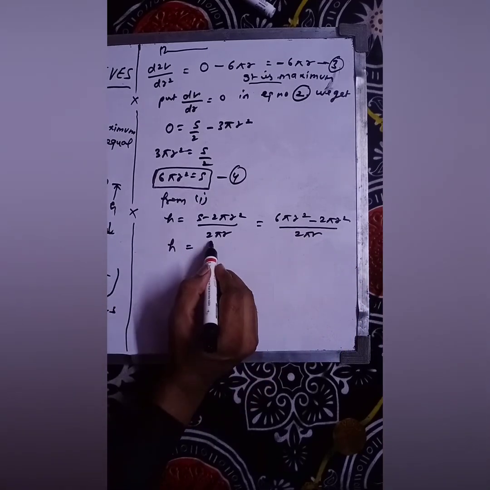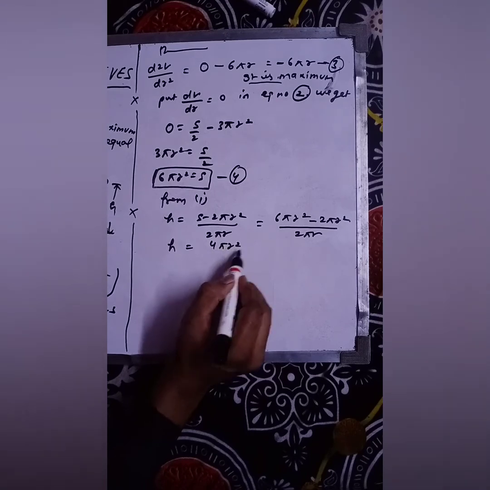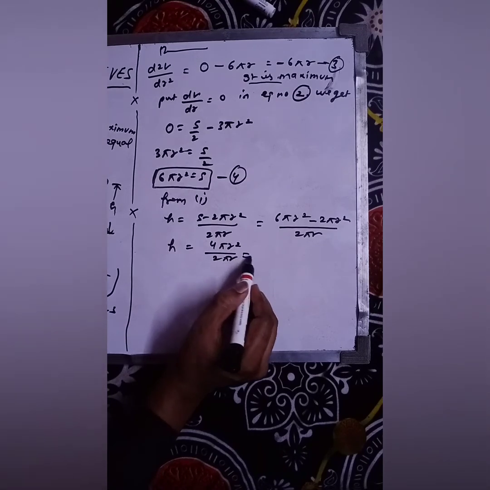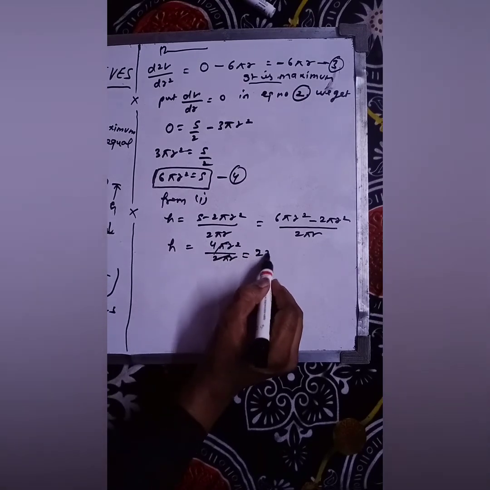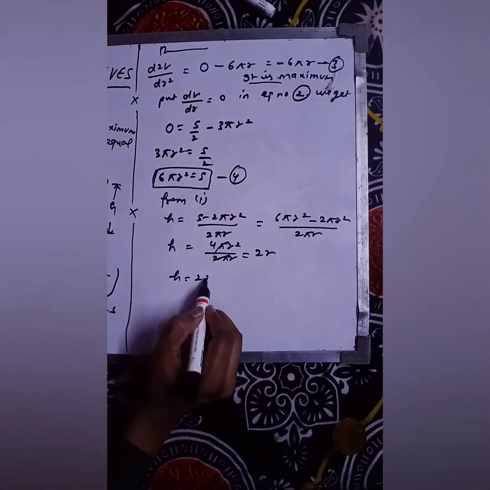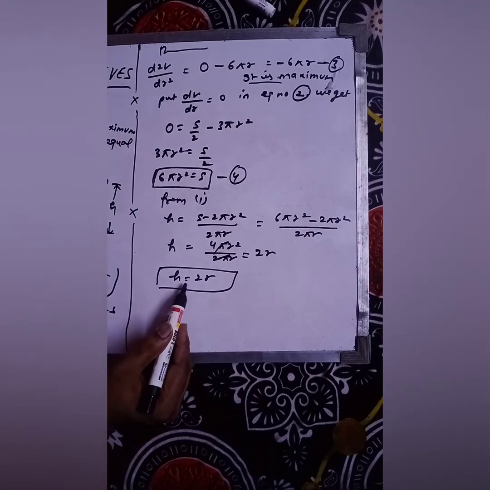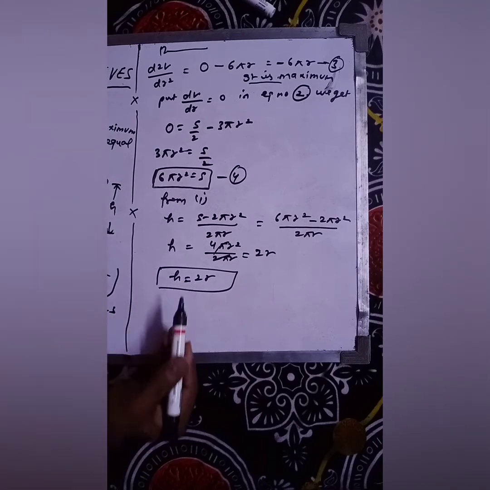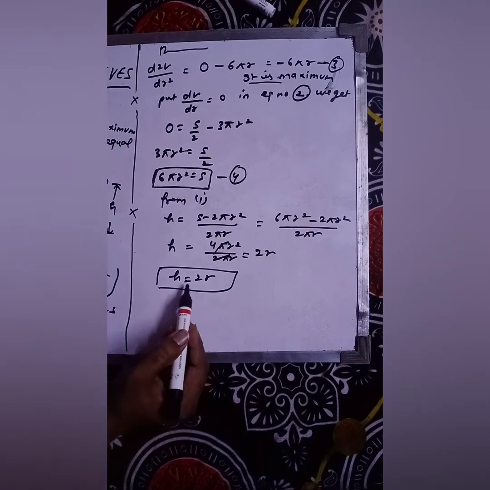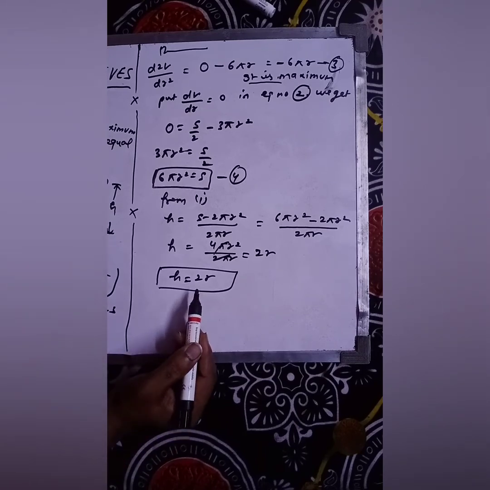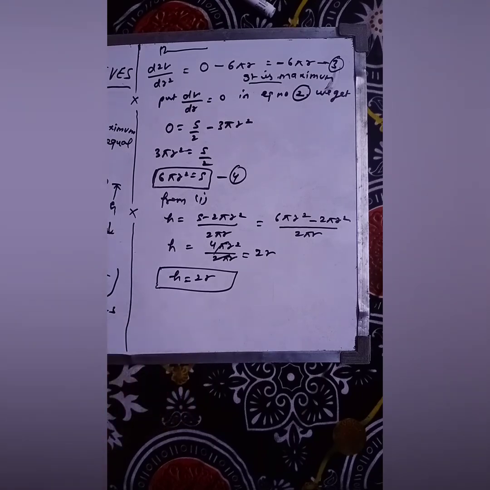So your h would be 4 pi r square over 2 pi r. This and this will cancel out and you will get 2r. So h equals 2r. This is also what you have to prove: the height of the cylinder is twice the radius, or equal to the diameter. So this is how you can solve your question number 20.